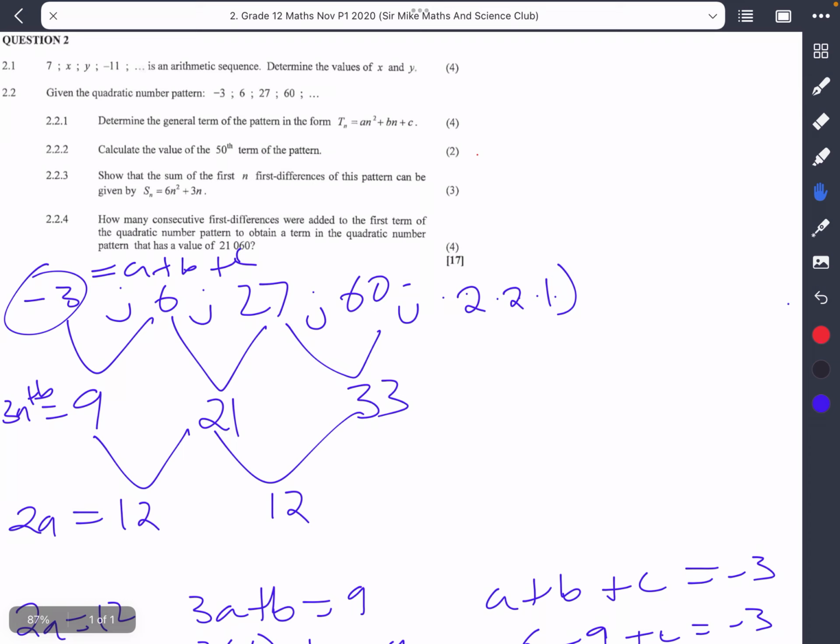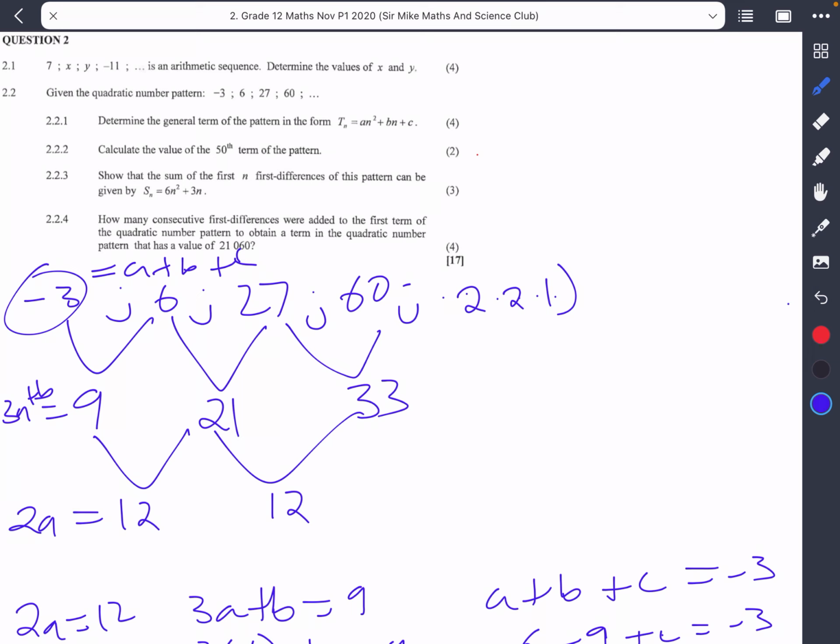Now they say to calculate the value of the fiftieth term in the number pattern. So we're just going to use the general term that we got to find the value in the fiftieth position of this pattern.